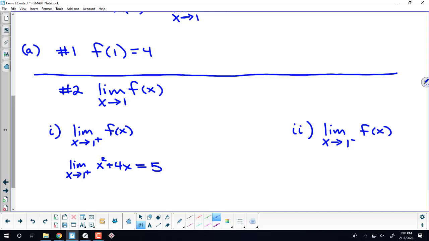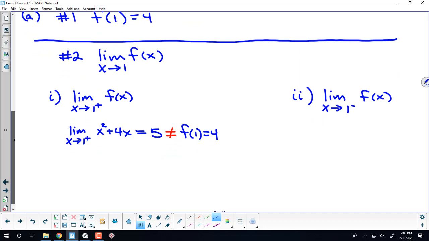I'm comparing this to the function value. This isn't the same thing as my function value, which was 4. So what do we know? We could infer that the limit doesn't equal the function value, therefore it's not continuous at 1.